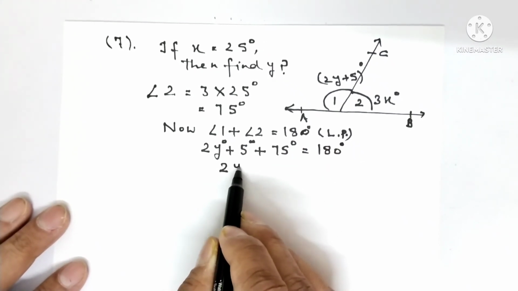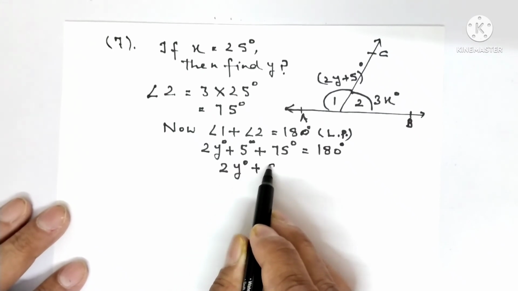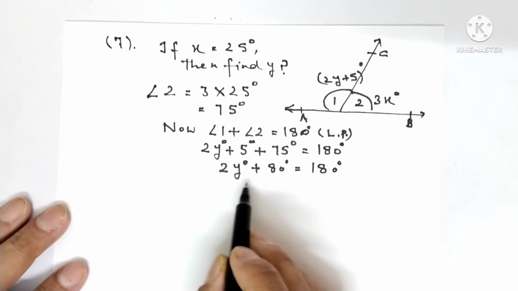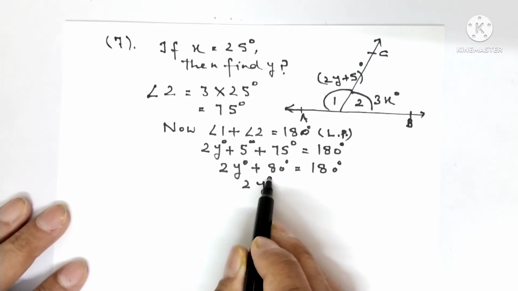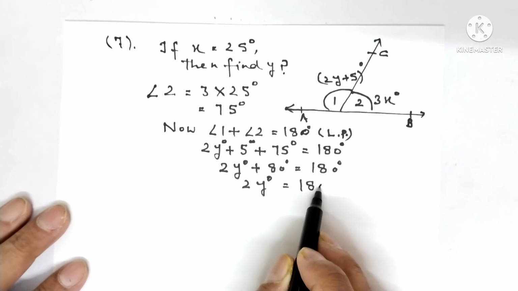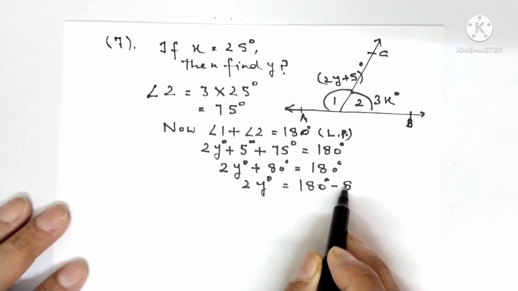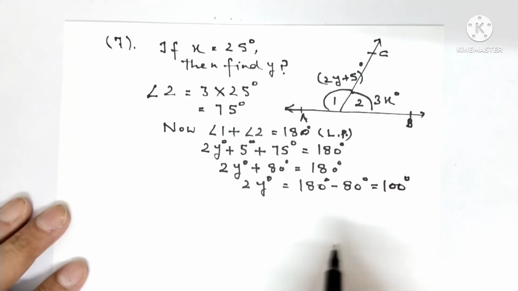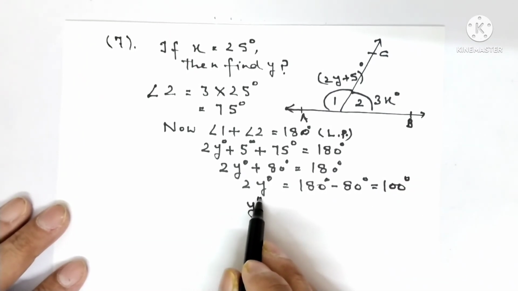So 2y degree, 75 plus 5 is 80 degree, is equal to 180 degree. So from here 2y degree is equal to 180 degree minus 80 degree. So what will that be? 100 degree.